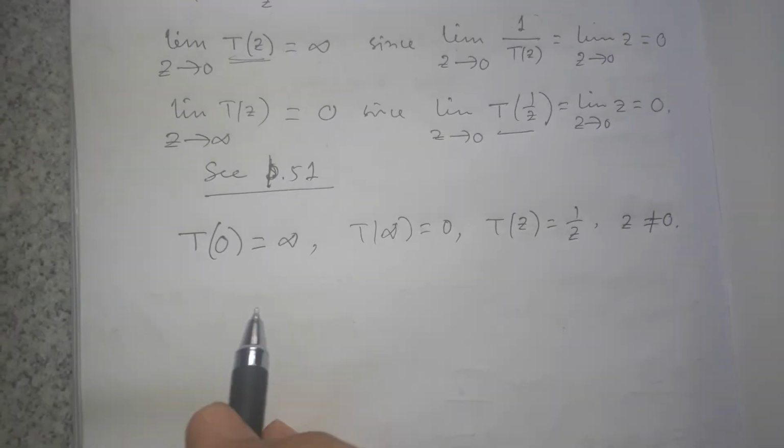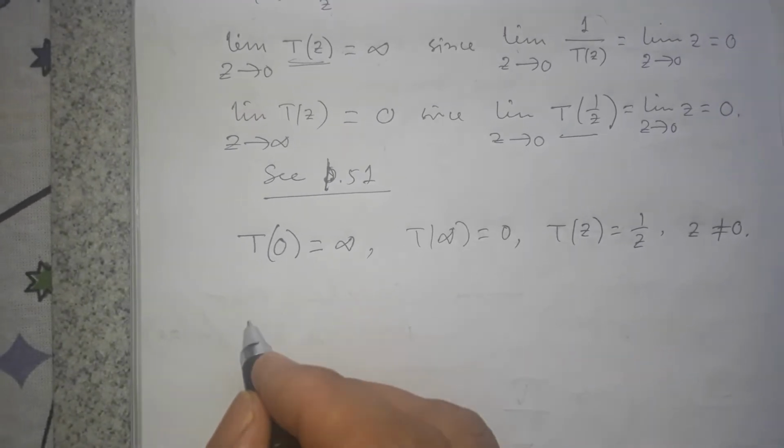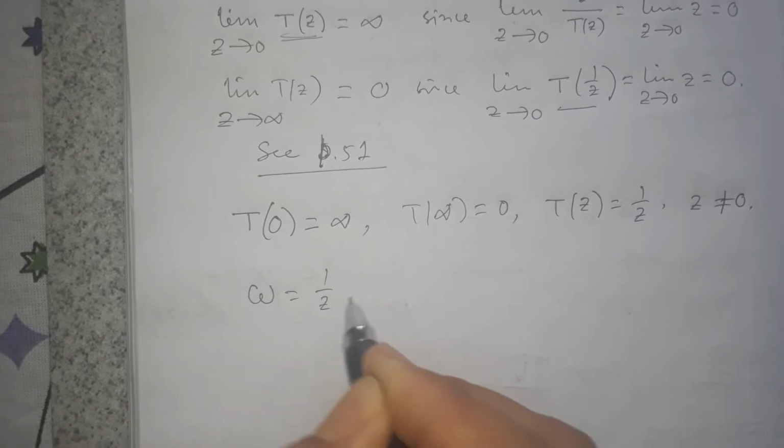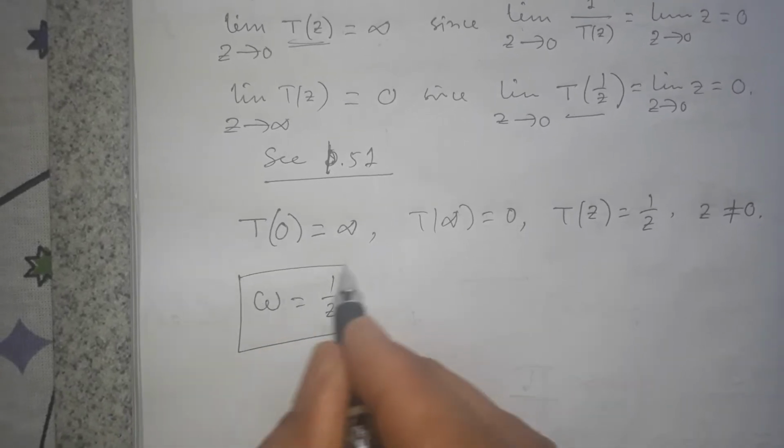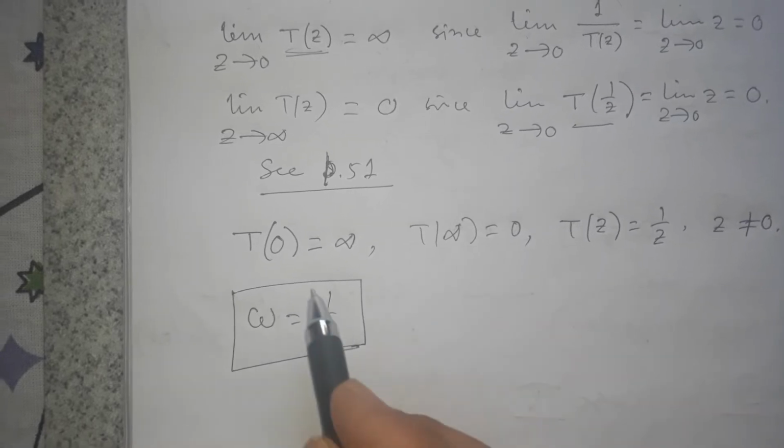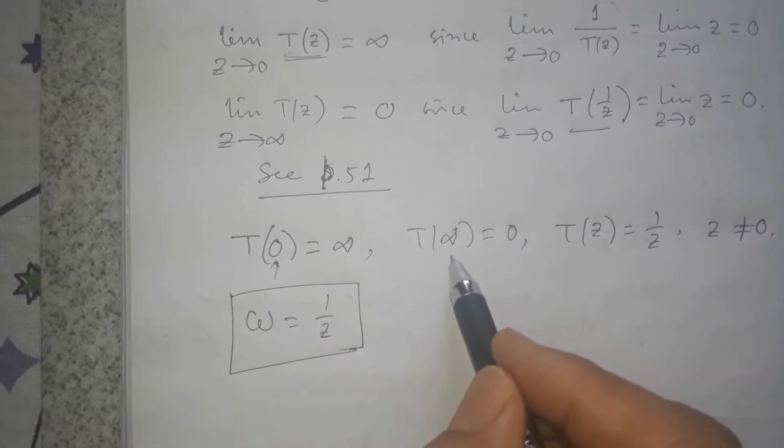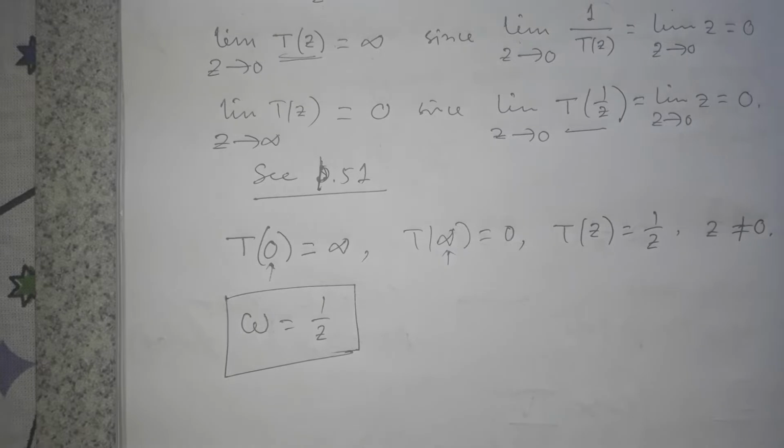So whenever we say that w is equal to 1 upon z, this is the transformation, then we tacitly assume that the point 0 and the point at infinity are also included.